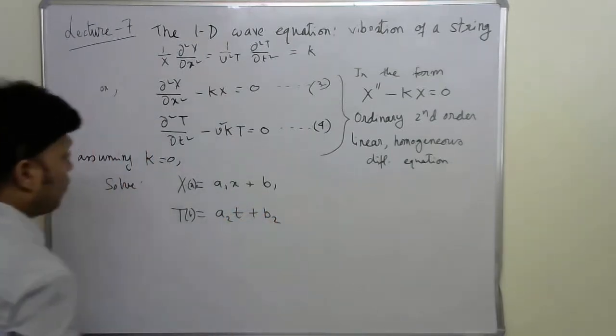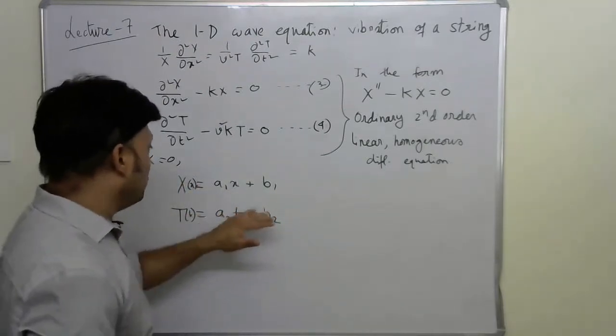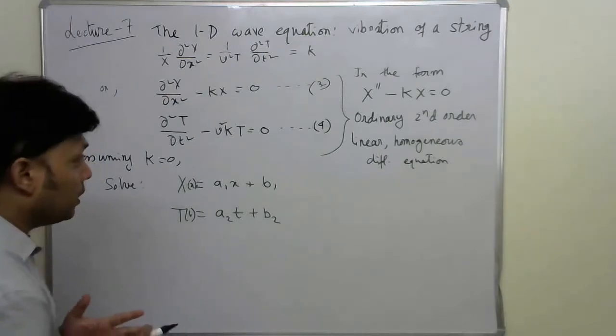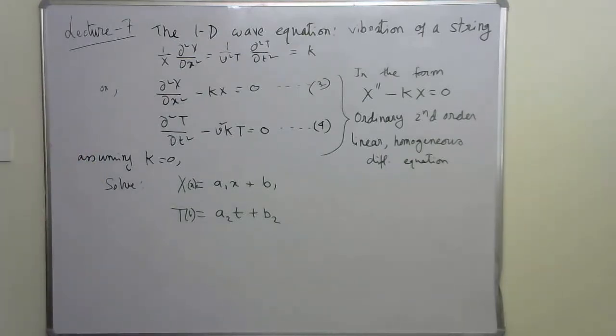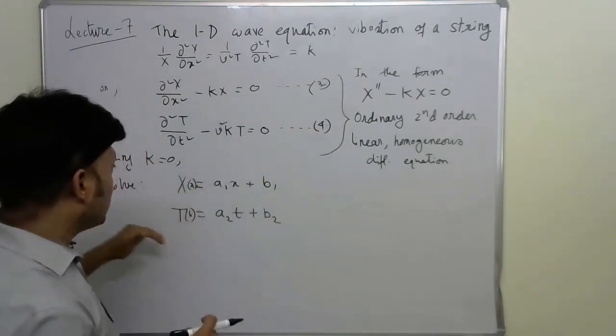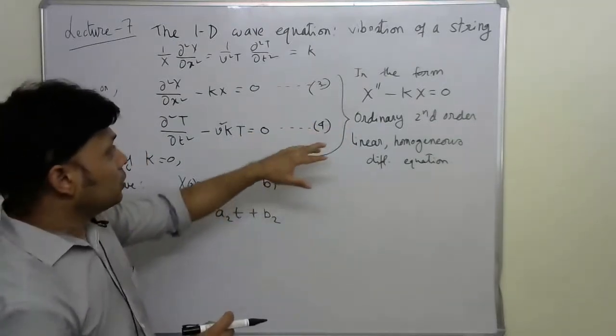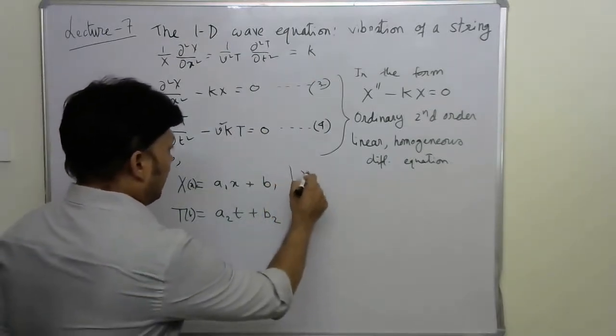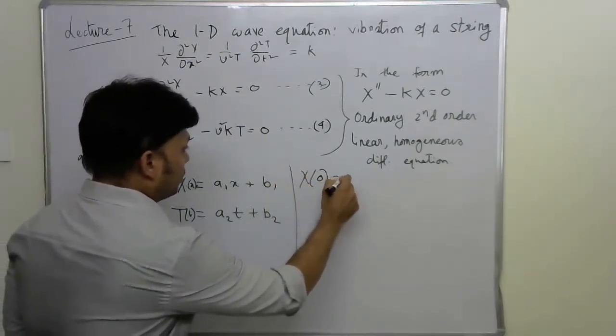Both these a1, b1 and a2, b2 are known as the constants of integration. Now let's take a look at these two, and also take a look at the boundary conditions. If we apply the boundary conditions to get a specific solution, the boundary conditions tell us that X(0) is equal to 0.